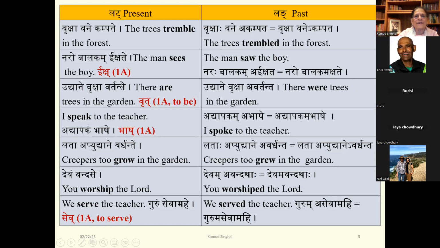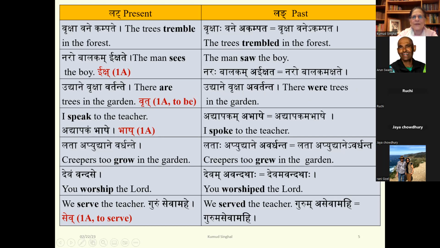All right. So here, vartante, because it is vrikshah, plural, so vartante. As I said, this is the medial vowel and it takes the guna, which is an ar. So that's why it is vartante. And here again, there will be a dirgha sandhi here.